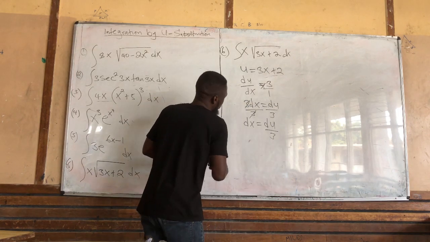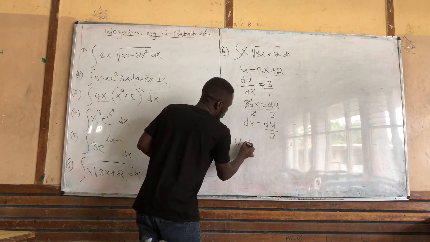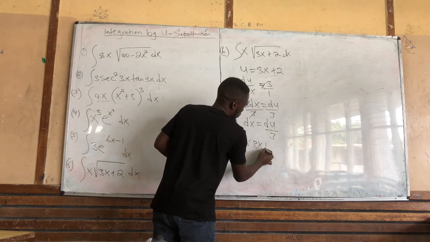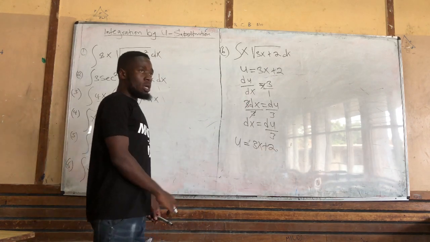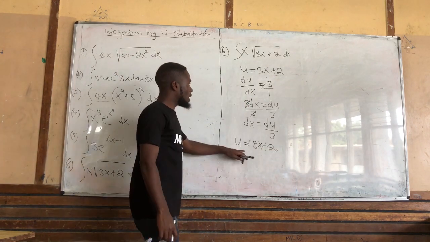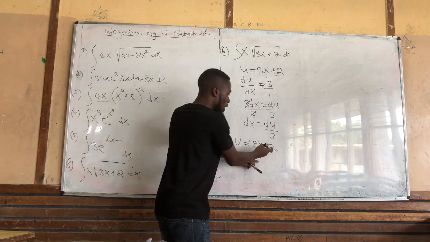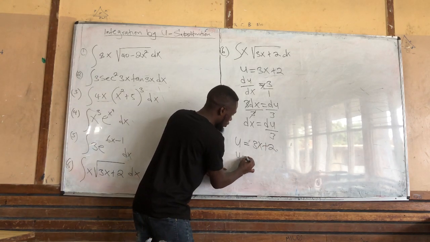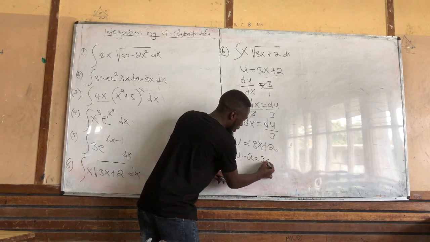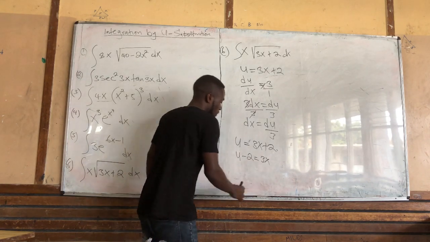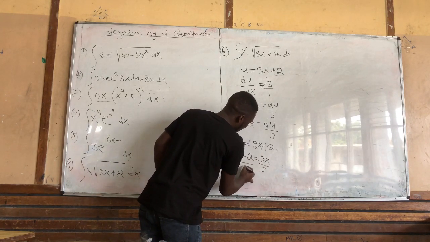So it will be u equals 3x plus 2. And here we need to solve for x. So meaning these two will jump here: u minus 2 is equal to 3x here. Then we divide over 3, over 3.